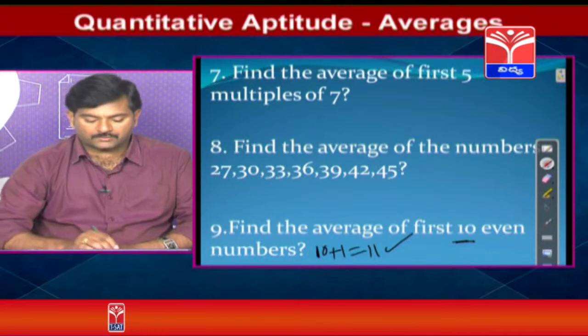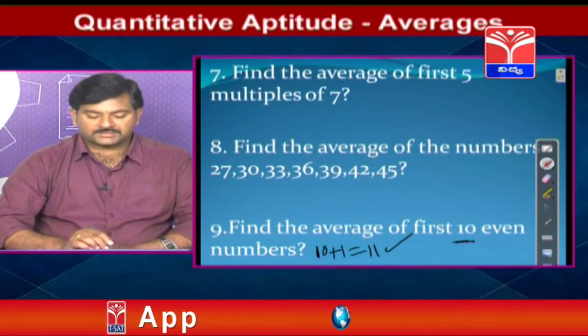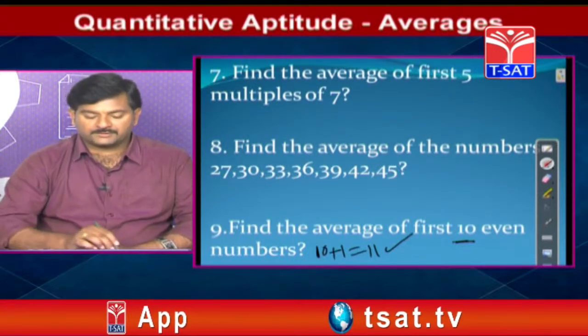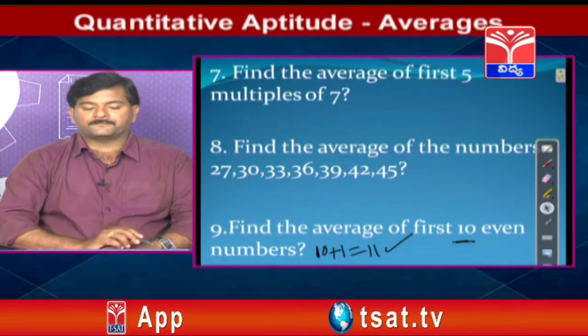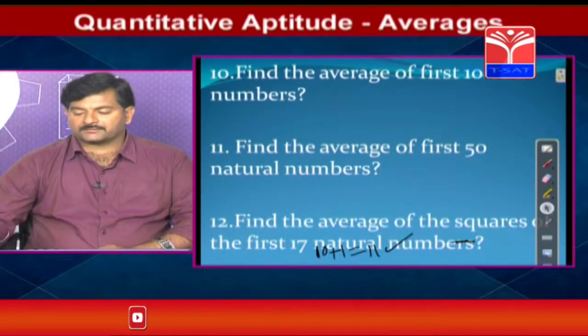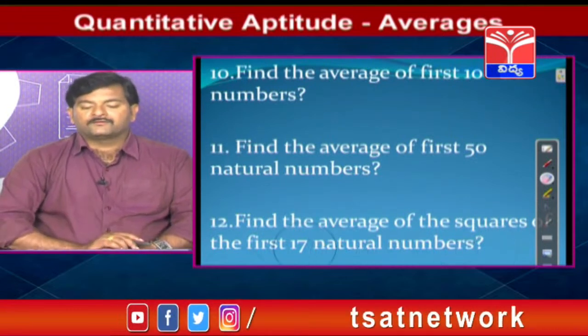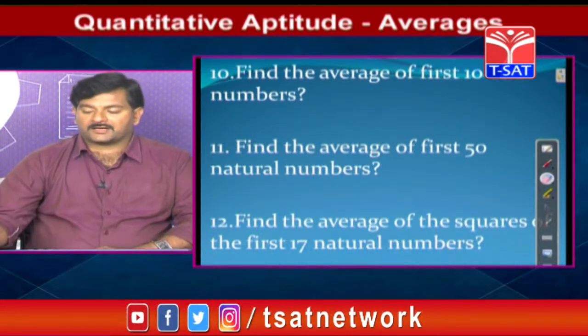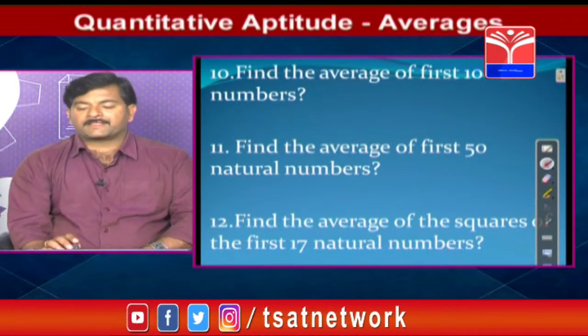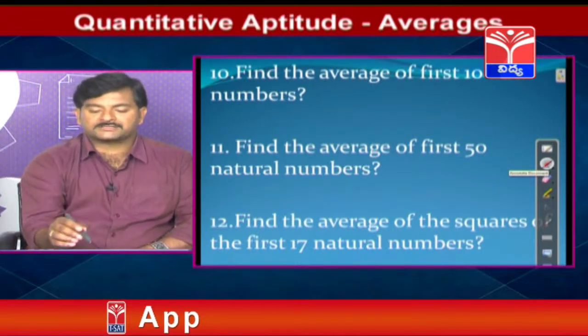Okay, we'll move on to the next question, that is question number 10. Just focus on question number 10. See what he has given and what he asked you to find. Find the average of the first 10 odd numbers. Just now I told you the average of the first n odd numbers is n.